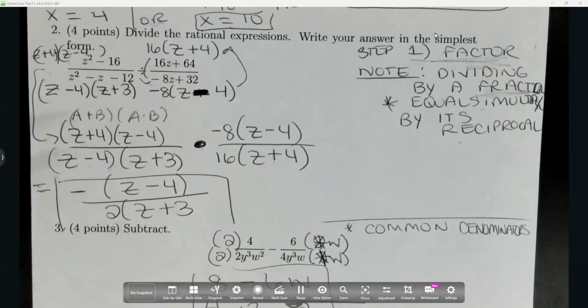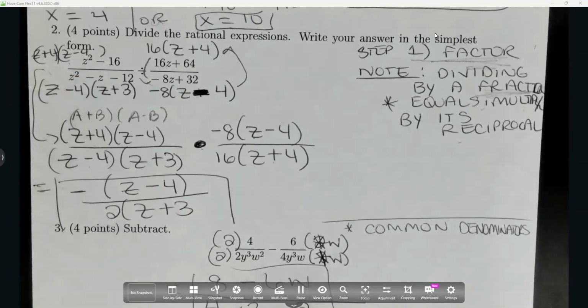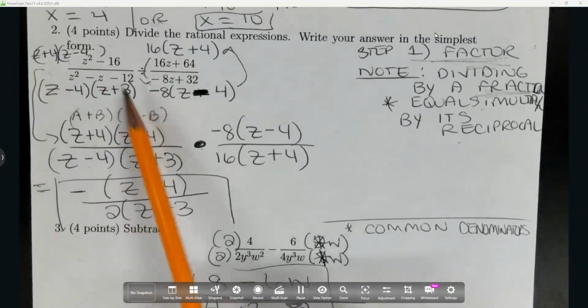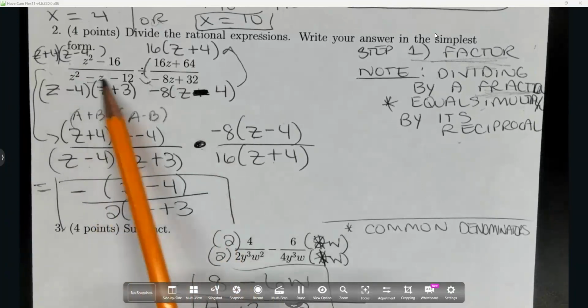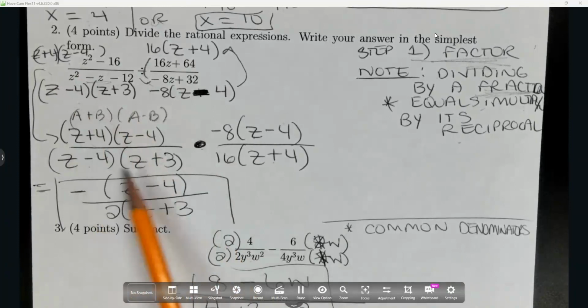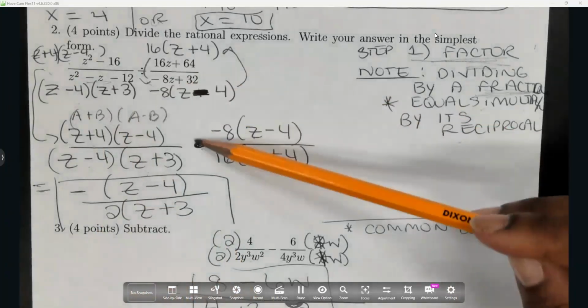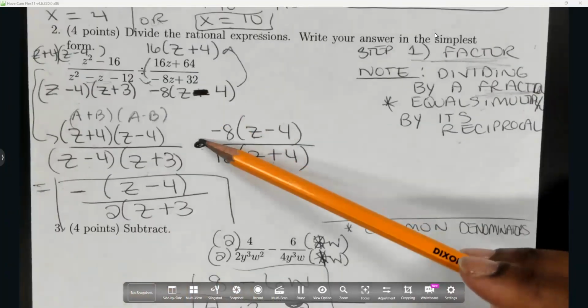Then our denominator, we have z squared minus z minus 12. We want to find two numbers where the product is negative 12, but the sum is negative 1. So we use z minus 4 and z plus 3 in our denominator. On the right side, remember we changed our operation again from division to multiplication.